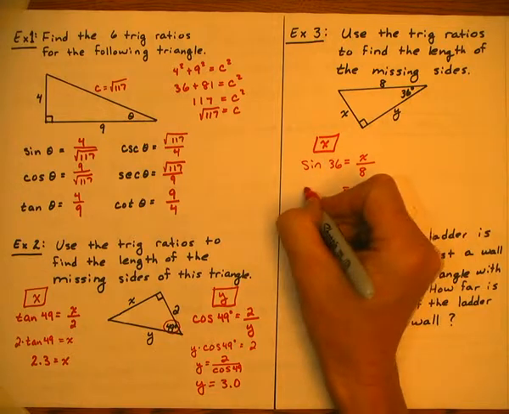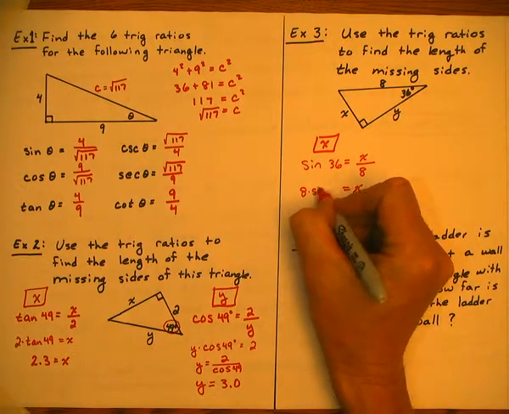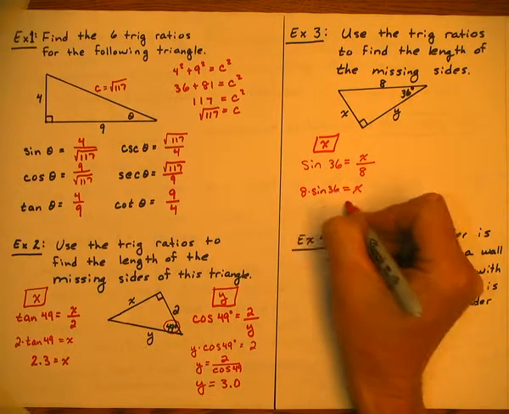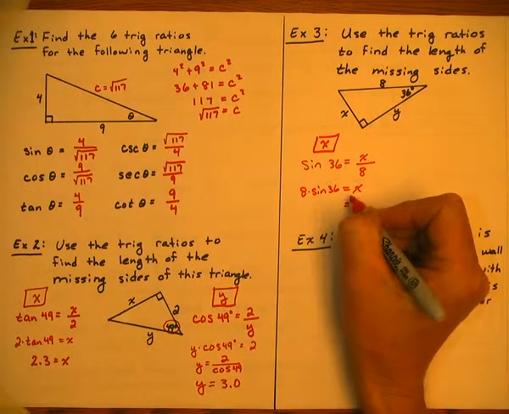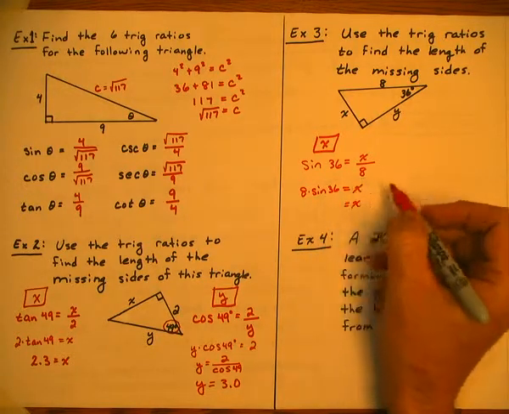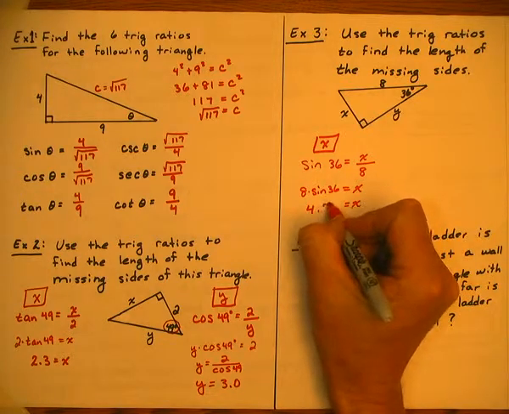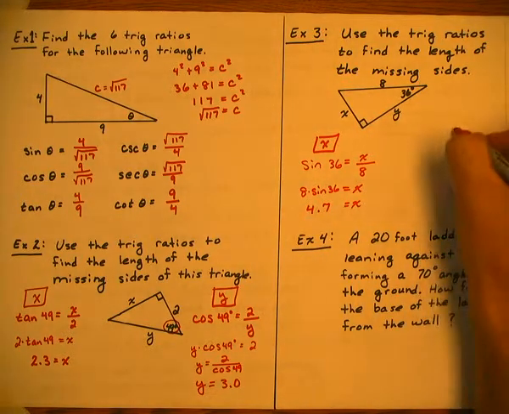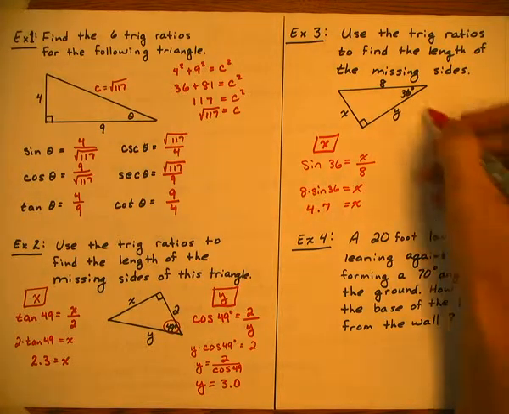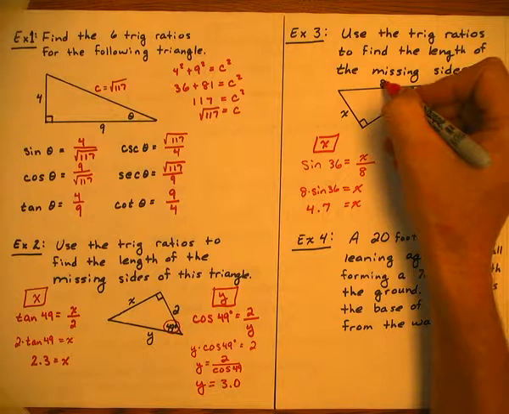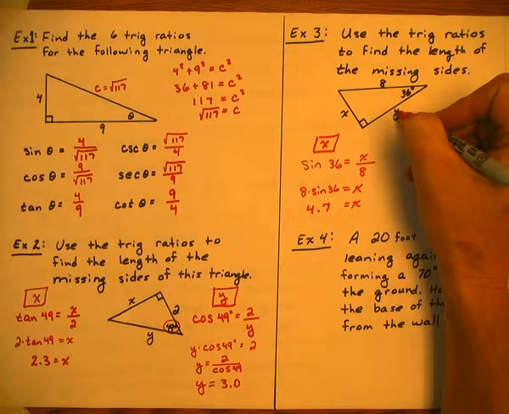Multiply the 8 to the other side, so you get 8 times the sine of 36, and 8 times the sine of 36 is 4.7. So now to find y, 8's still the hypotenuse, but y is the adjacent side.